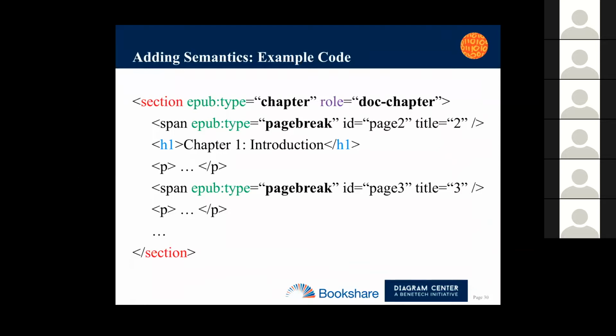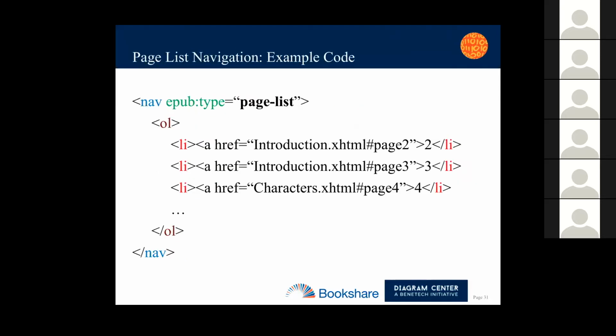And then you go on with what's on page 2. So then you have your chapter 1, correct H1 markup, and then you have your paragraph markers and your content, and then you could have another page break. And again, now the ID is page 3, and title is 3. Now, if you look here on page list, this is how you actually link to those pages.